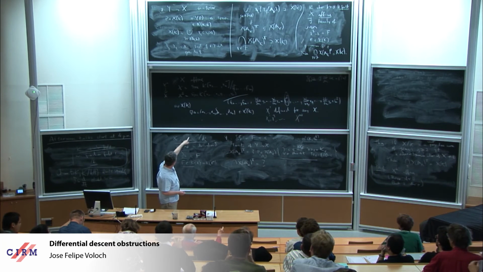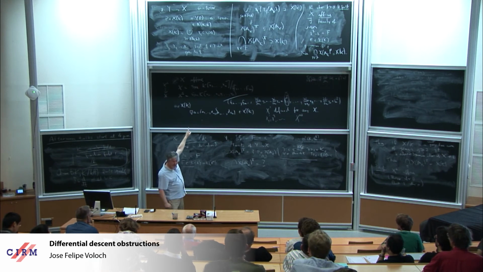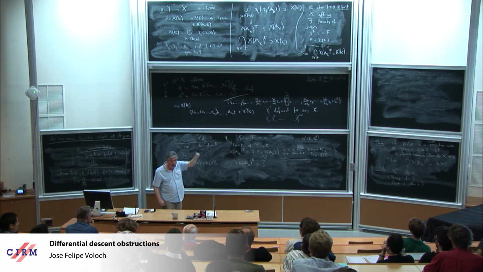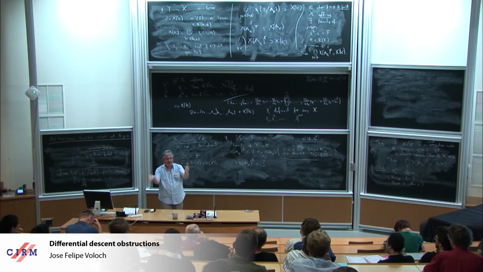No. This construction is when X itself is affine, X1 is affine. X1 is not always affine. When X is affine, I defined X1 as an affine scheme. When X is not affine, I have to cover X by affine patches, define the X1 of each patch, and then glue.